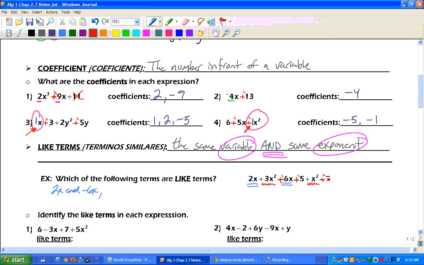My 3x squared and my x squared. Let's see, anything else? We have negative 5 and negative 7. So those are like terms, things that are the same.